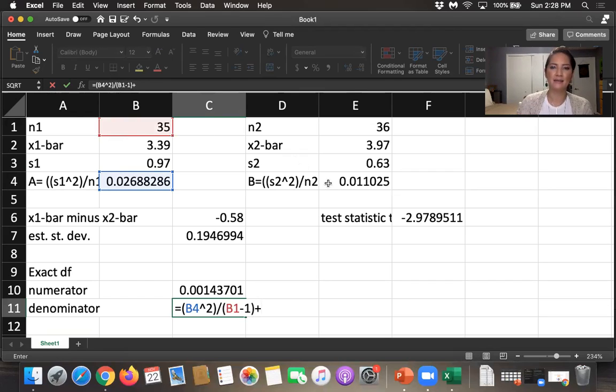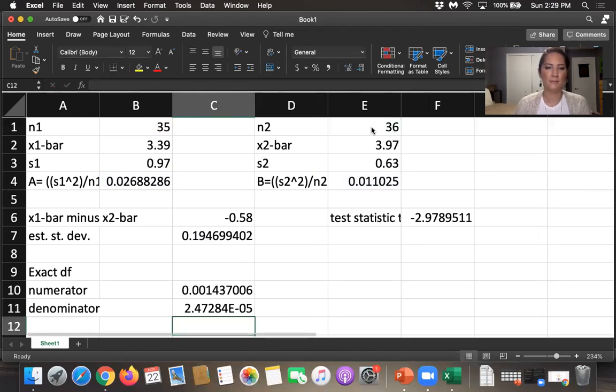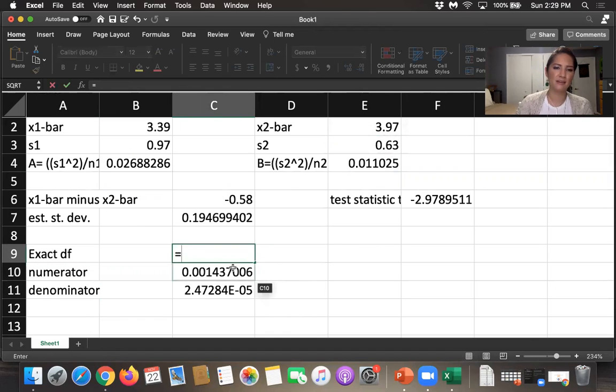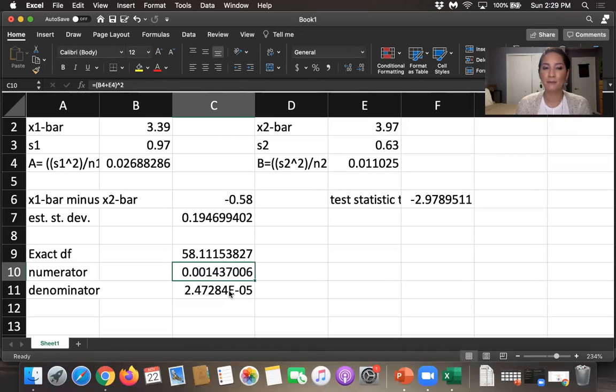And then you add B squared, and then you divide by sample size minus 1. And we get that 2.47 times 10 to the negative 5. That's tiny. So then the exact number of degrees of freedom is given by this numerator divided by the denominator. And we get about 58.11, which is exactly what I had on the slide.